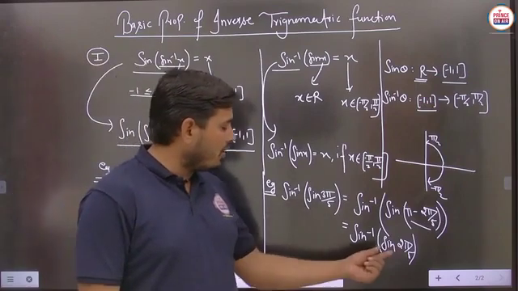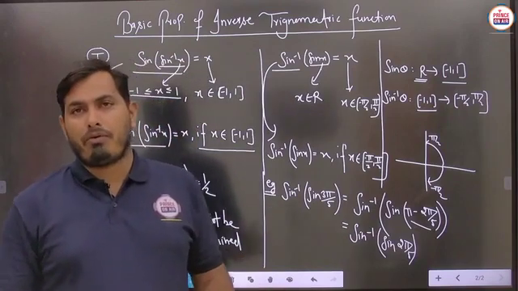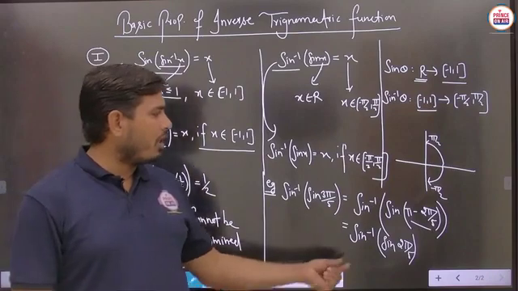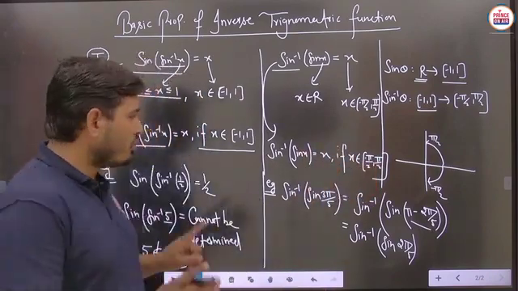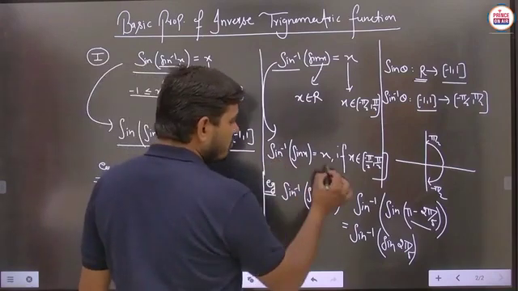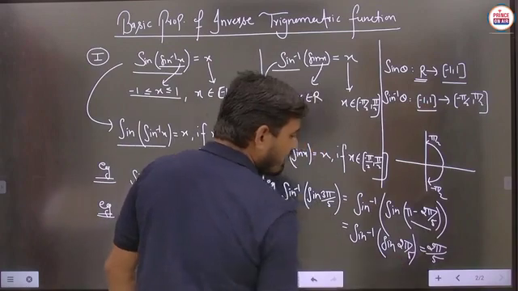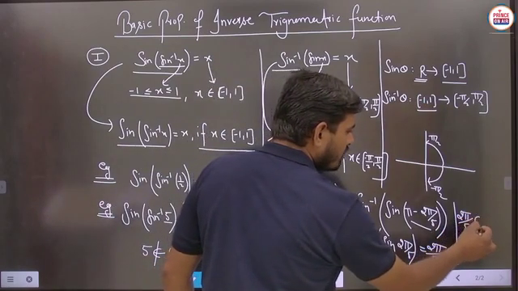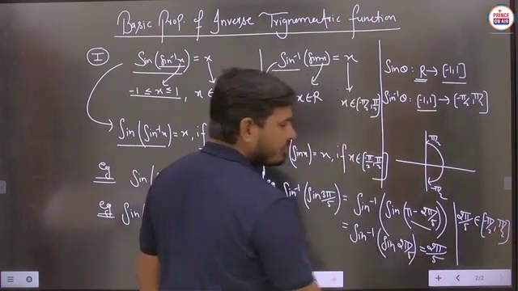So definitely now you can check this value again, 2 pi by 5. So pi by 5 is 36, 36 multiplied by 2 is 72. So 72 degrees definitely lies in this interval minus pi by 2 to plus pi by 2. So now you can use this property, and this answer should be taken as 2 pi upon 5. There should be no problem, because here you can say that this 2 pi by 5 belongs to minus pi by 2 to plus pi by 2. Is it clear?